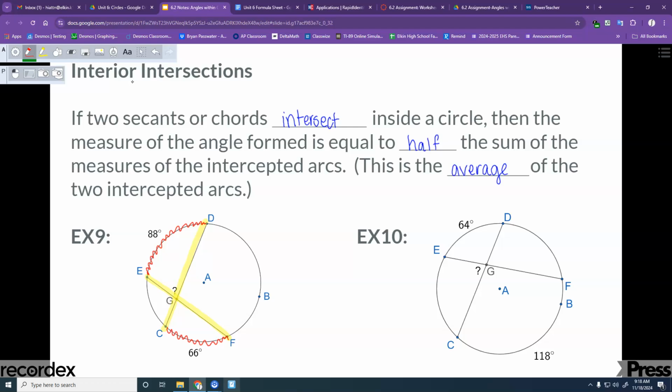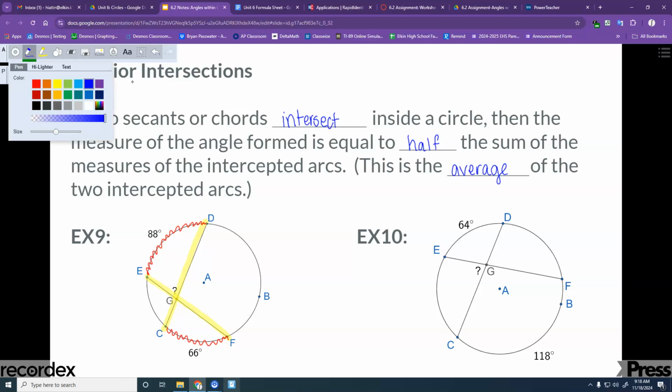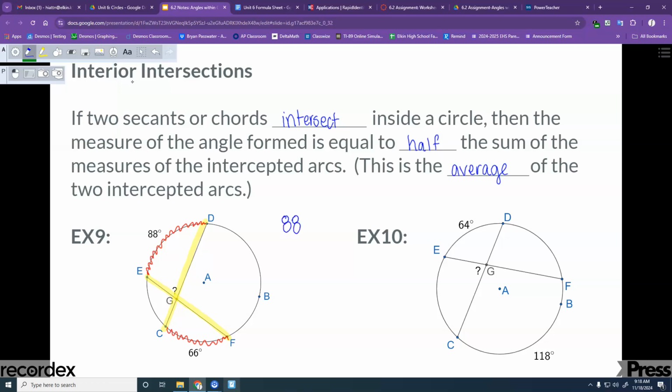To find an average, you've been doing averages since you learned how to multiply and divide, right? You just add together and divide by 2, or add together and take half of it, in this case, because you only have two numbers. So if we want the average of 88 and 66, we just do 88 plus 66 divided by 2.